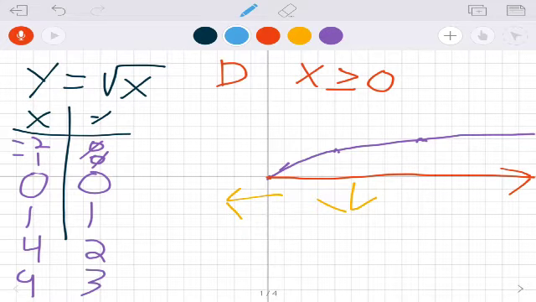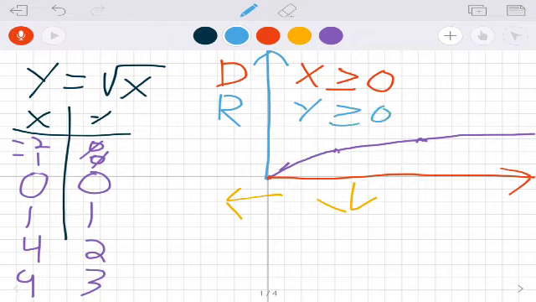Meanwhile, our range, y, will essentially be all of these numbers. So our range is y is greater than or equal to 0. Because as this continues off to the right, it slowly increases y, and eventually we could get any number, but we can't get any negative numbers for either x or y.